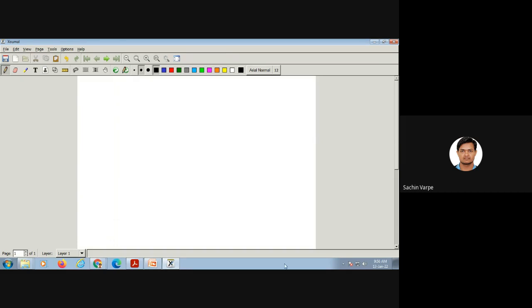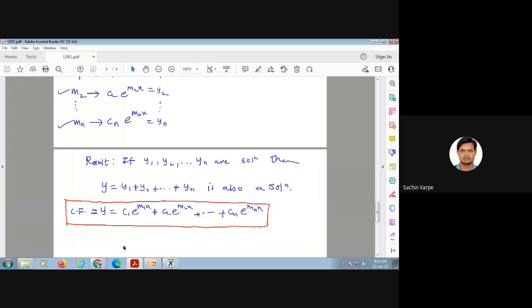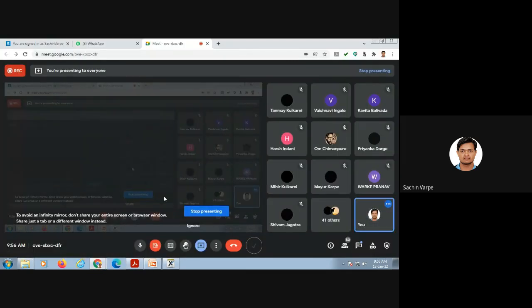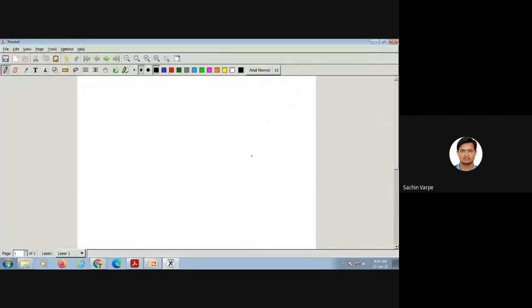That formula is the general formula we have discussed. This is the general formula. I hope this is visible.